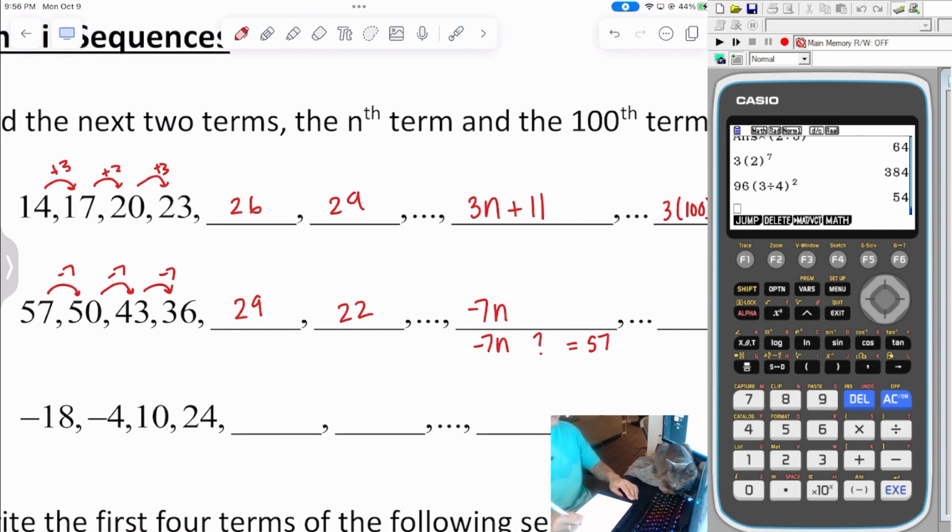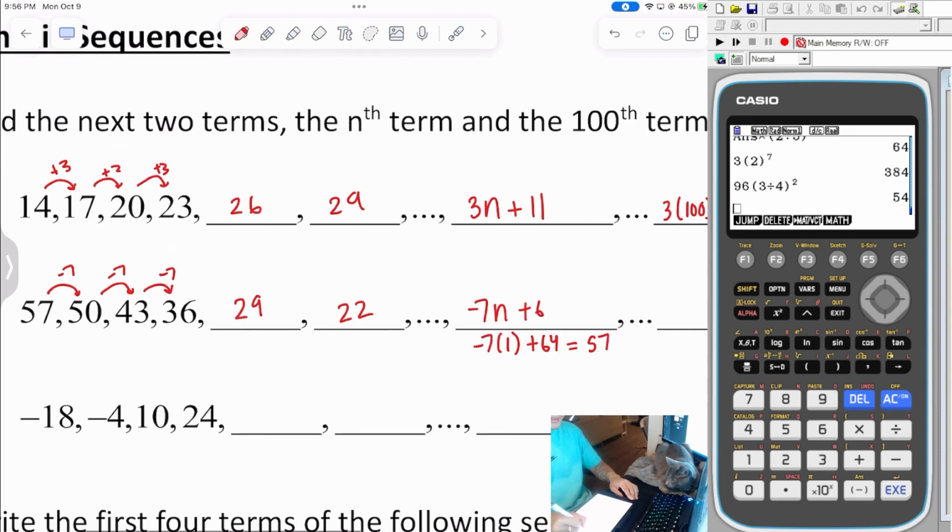Well, what missing component will make this statement true? Let's plug in 1 for n. So I know it's negative 7 times 1. And to make it equal to 57, it would have to be 64. So I would say plus 64 here.